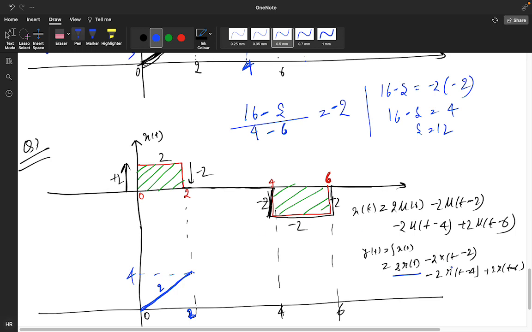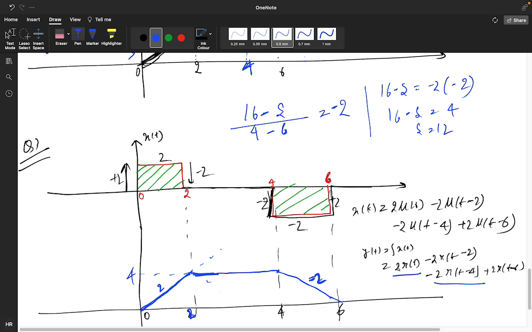And at t minus 2, we are getting the same negative slope. That means we are getting the step function. It's moving like this. Okay. And at t equal to 4, we are getting the negative slope. So this is a negative slope, whose value is given as minus 2. Okay, minus 2.